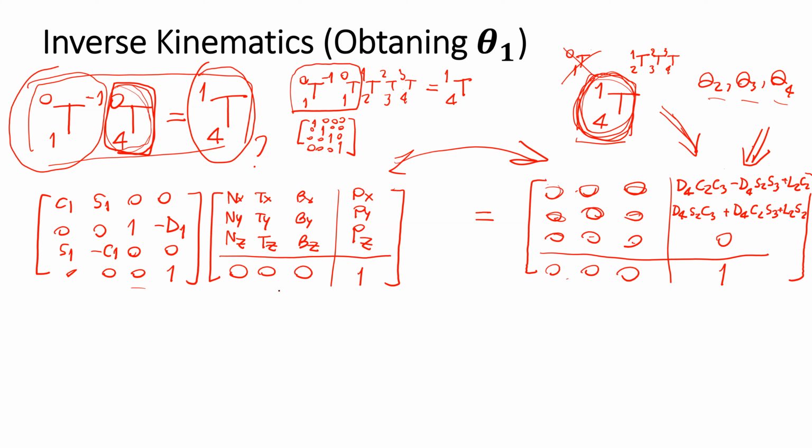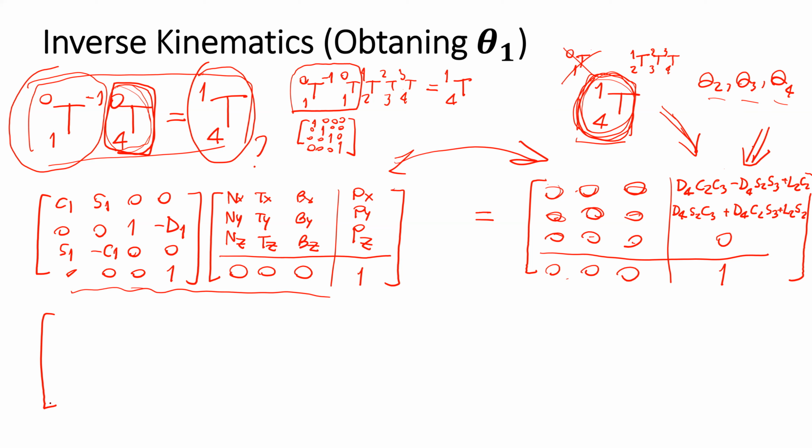But on the left-hand side, we need to obtain the product of the matrix first. What is the product of these two combinations?